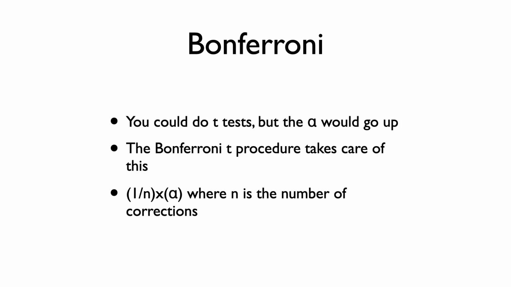So it's 1 over n times alpha, where n is the number of comparisons you make. If you had 3 comparisons, your alpha level is 0.05 divided by 3. That's where your critical value is.